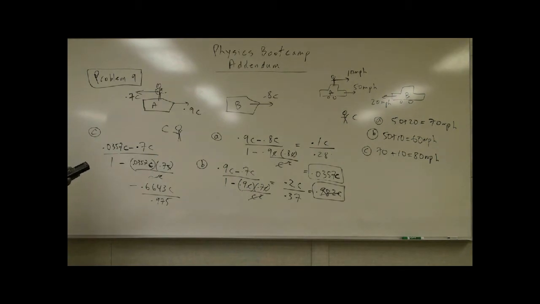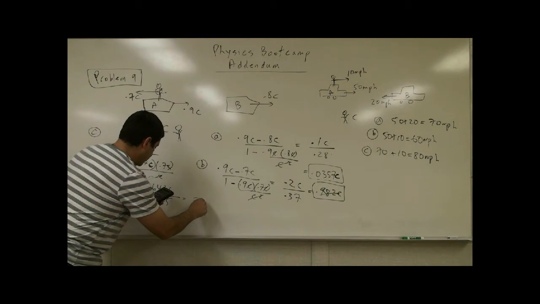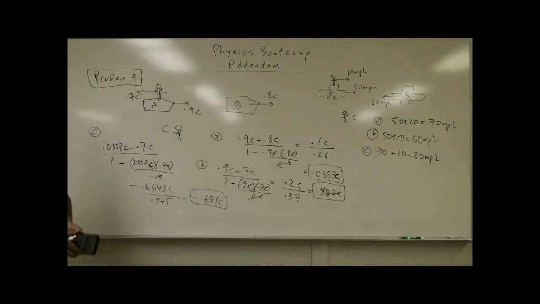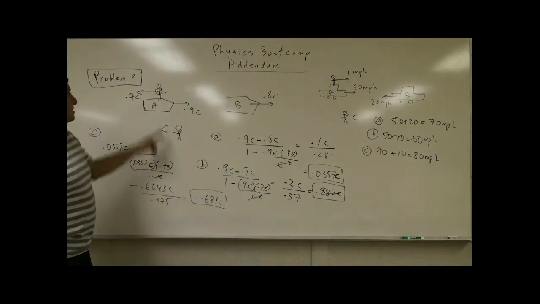So 0.6643 divided by 0.975 gives you negative 0.681c, okay?